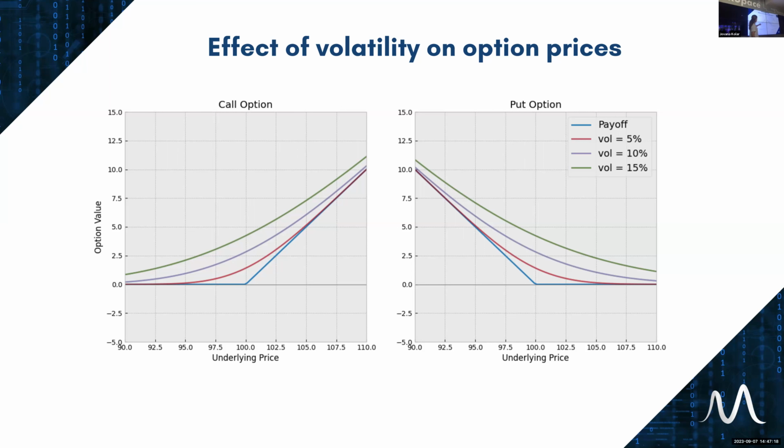But as you increase the volatility, then you start paying more and more for the option, because there's more chance that it will go up, and there's also more chance it will go down, but when it goes down, it just goes through. But when it goes up, you get unlimited upside. And the same thing happens for calls and puts. So both are worth more given the volatility. Would anyone like to ask a question about this? Confused or any comments?